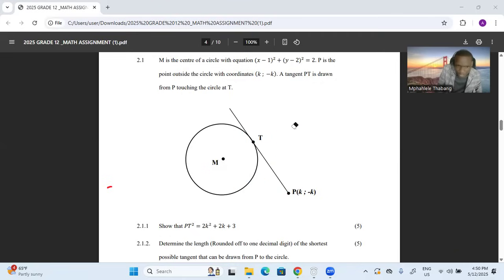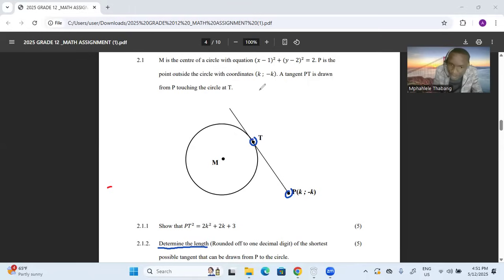They are saying, on 2.1.2, determine the length of the shortest possible tangent that can be drawn from P to the circle. So they are looking for the shortest possible distance from P to T. That is the distance of a tangent from P to T. What is the shortest possible distance?